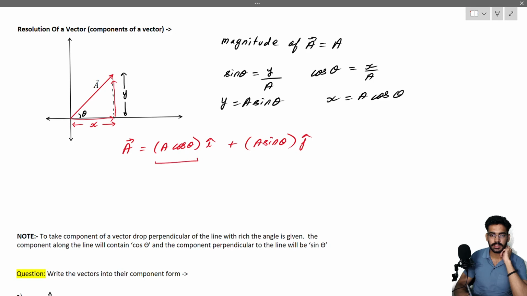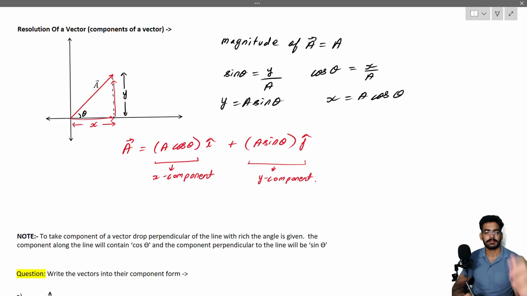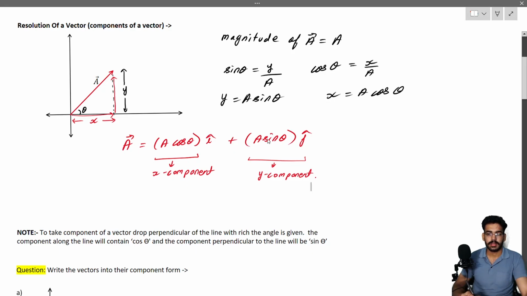So this is the x component of your vector and this is the y component of the vector. Now how to do this?